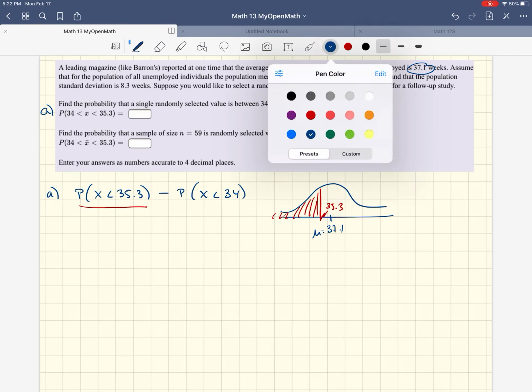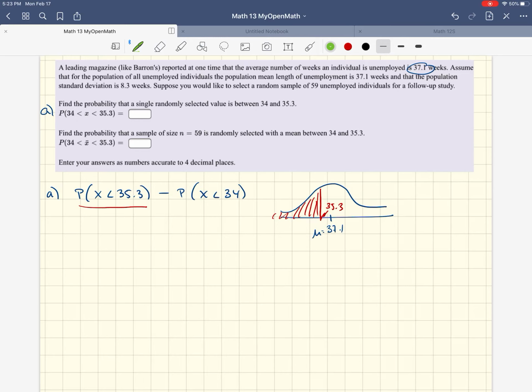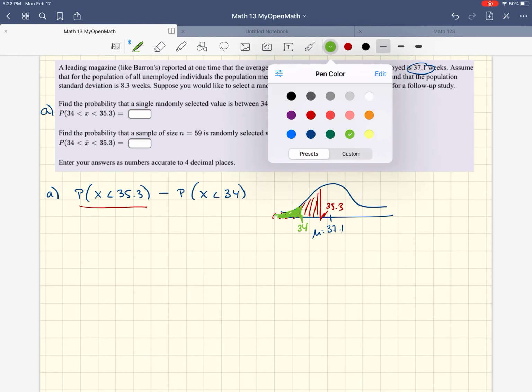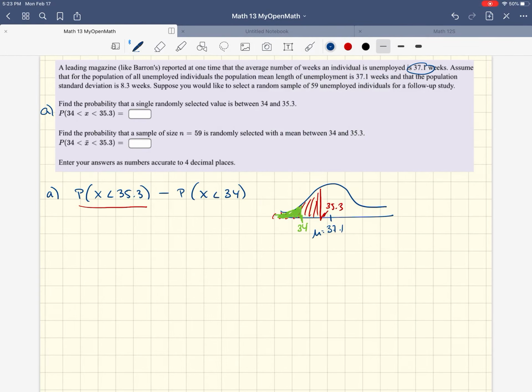I'll change colors here to light green. The probability that x is less than 34 would be the area to the left of 34 here. If we subtract off this green area from the large red total, then what we get is this area in the middle, which is the probability between 34 and 35.3. Okay, so here we go.